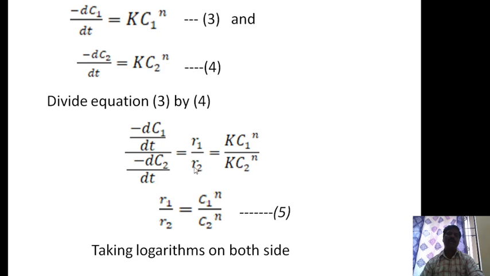Therefore R1 divided by R2 is equal to k C1 to the power of n divided by k C2 to the power of n. Here the k gets cancelled. Then R1 divided by R2 equals C1 to the power of n divided by C2 to the power of n. This is the common power, therefore R1 divided by R2 equals C1 divided by C2 whole to the power of n.